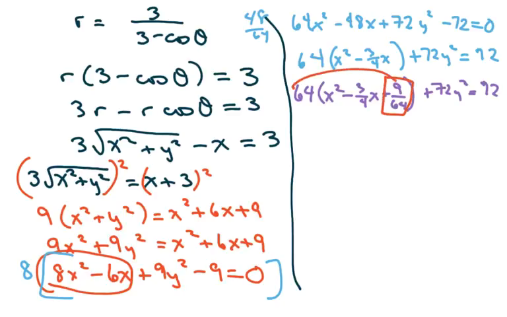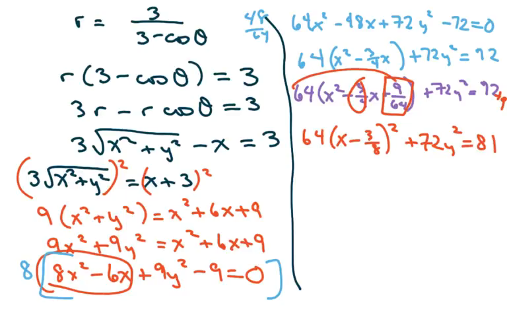So we need 64 times that, which is just going to be plus 9. All right? Now, when you take care of this, you're going to get 64 times x minus 1/2 of 3/4, that's 3/8, squared, plus 72y squared equals 81. And that's how you would do that one.